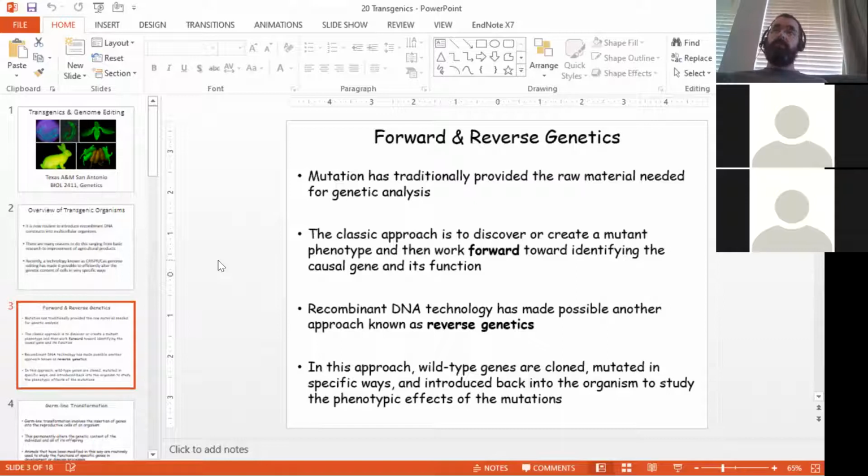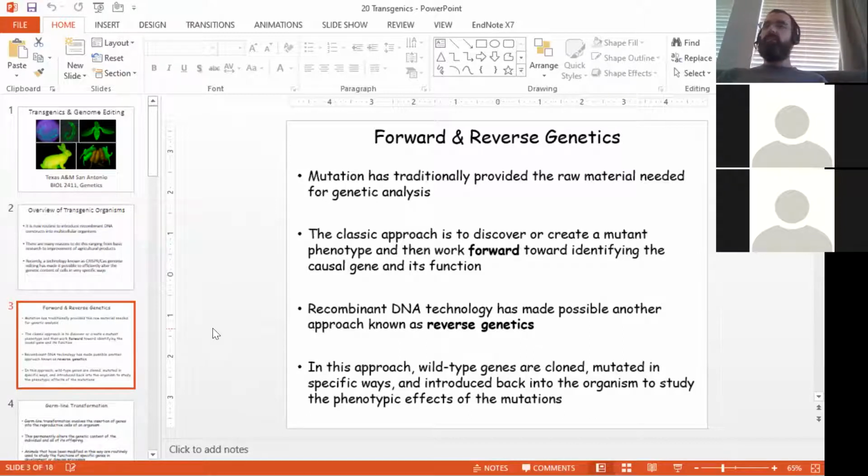And so anyway, I already started with something known, right? I didn't know which ones of those would be responsible for my particular phenotype, but I already knew what the genes were that I was messing around with, right? So that obviously takes out a lot of the guesswork and the legwork because you already know what you're working with. And that's very much called reverse genetics.